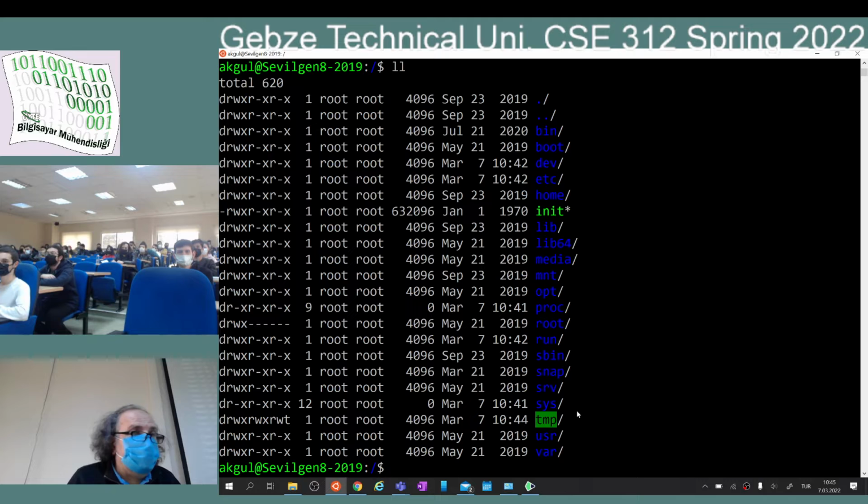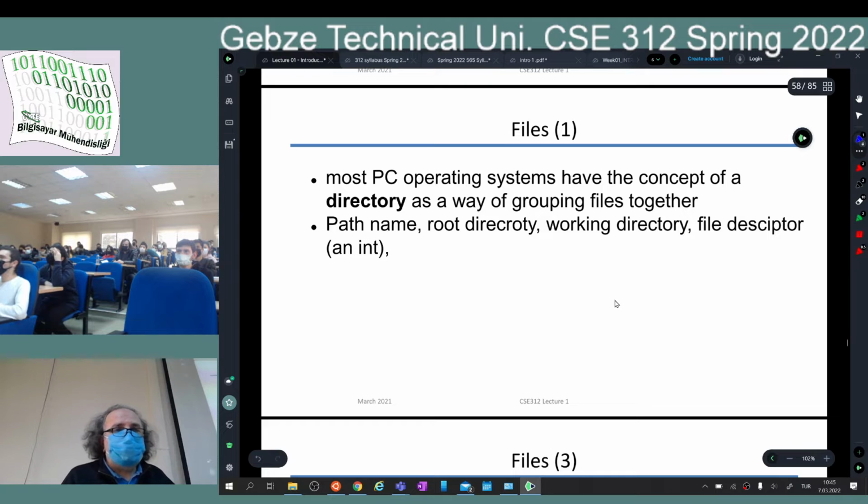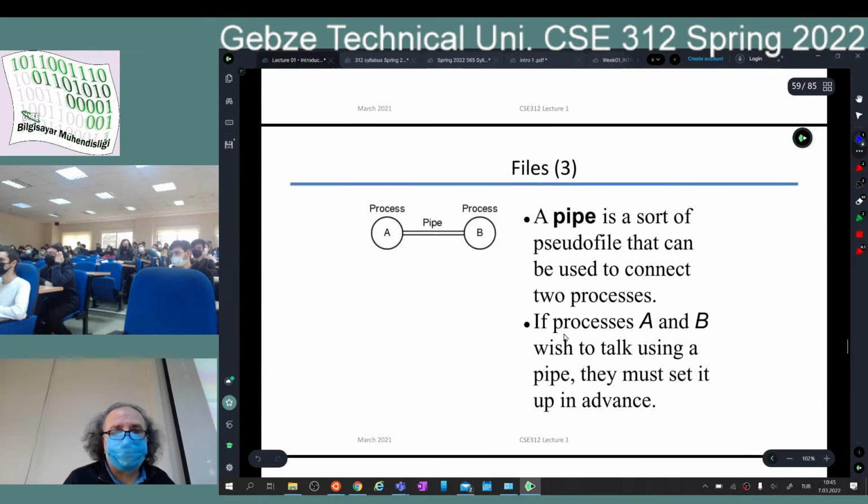There are root directories for each drive, but those drives are not connected to a root. But in Unix systems, they have to be connected to a root all the time. So there might be some differences between operating systems regarding how the directories are kept, but usually they have this directory mechanism available.